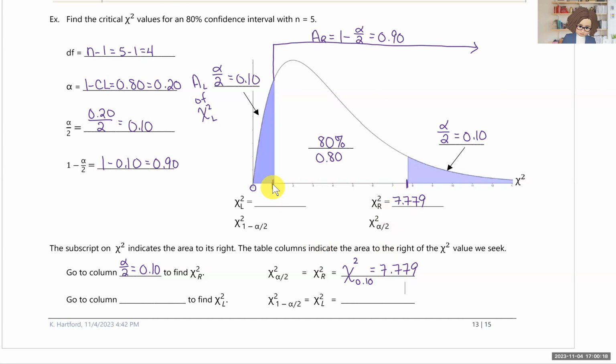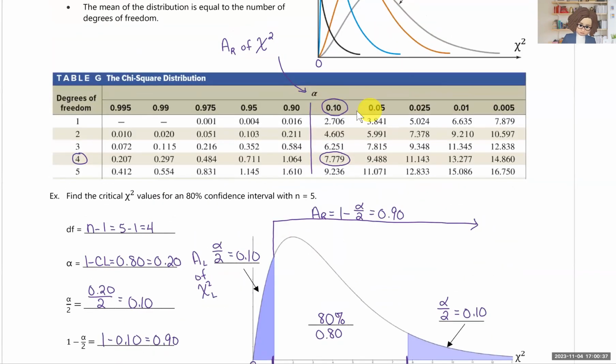Okay, and then how can I find chi-square left? Well, now I'm going to have to go to column 1 minus alpha over 2. So our 0.90 column, and let's see what happens there. All right, so that column we find here. And now the reason I drew that line for you down the middle is because the two areas that you look up are always going to be complements.